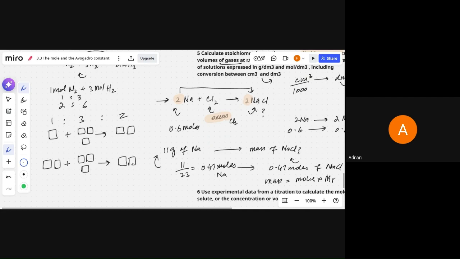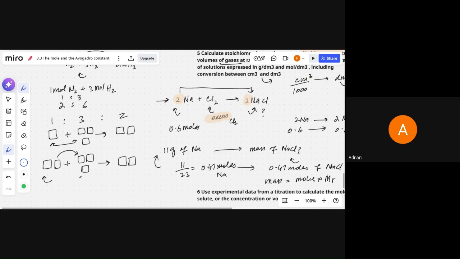Why? Because 1 mole of nitrogen will react with 3 moles of hydrogen gas, this is the ratio from the balanced equation. So all of the hydrogen will be used up, and 1 mole of nitrogen will also be used up. They will create 2 moles of ammonia, and at the end of the reaction, there will be 1 mole of nitrogen left unreacted.